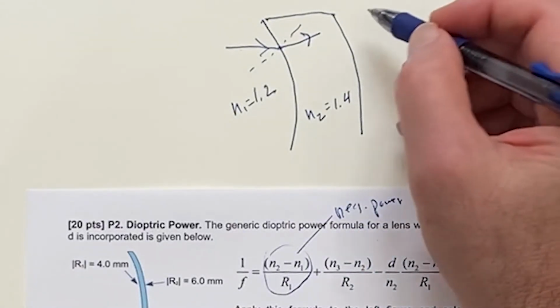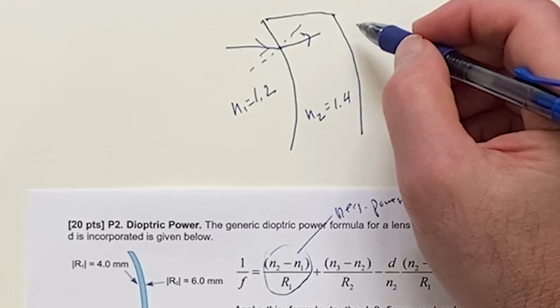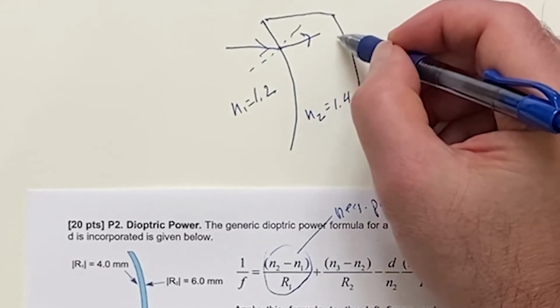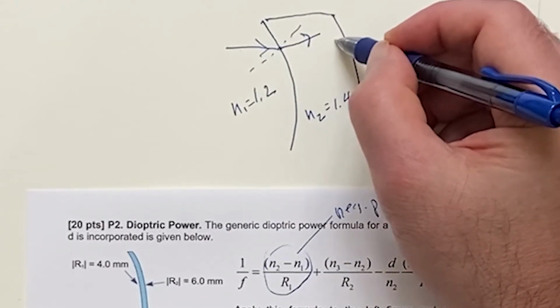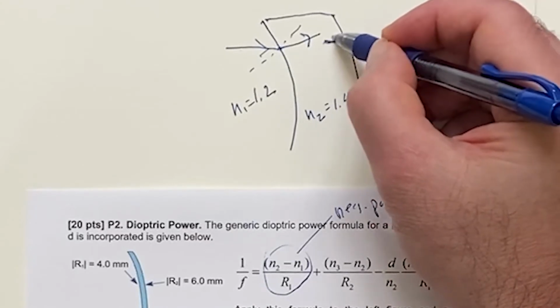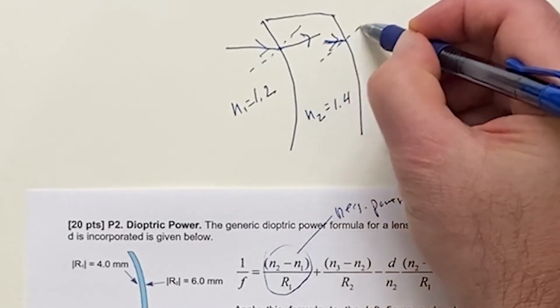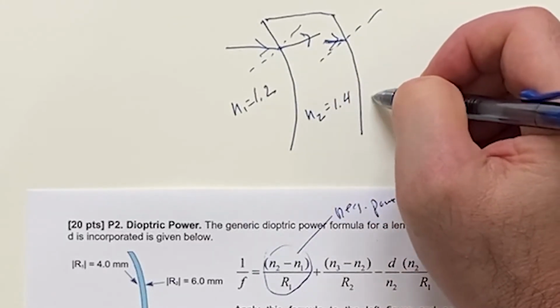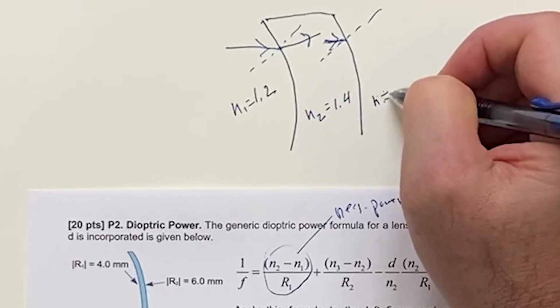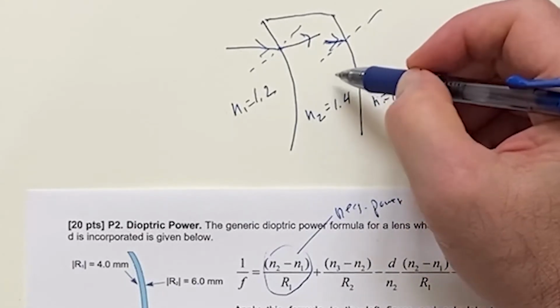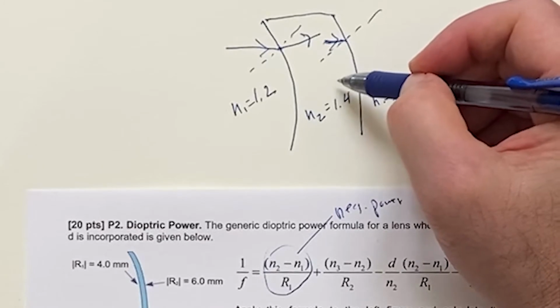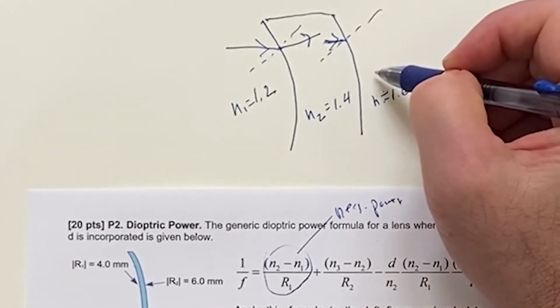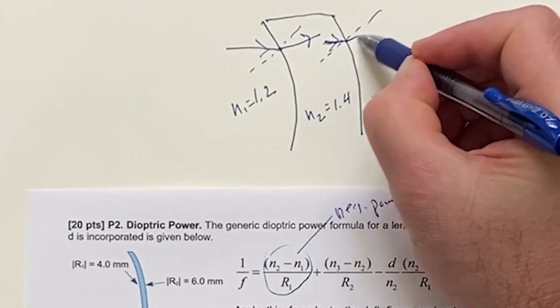Then if I go to, say, this next surface here, like if light were coming in like that right there, then I got to know what this N is. This N is 1.6. So here I'm going into more dense. So that means I bend toward the normal again.